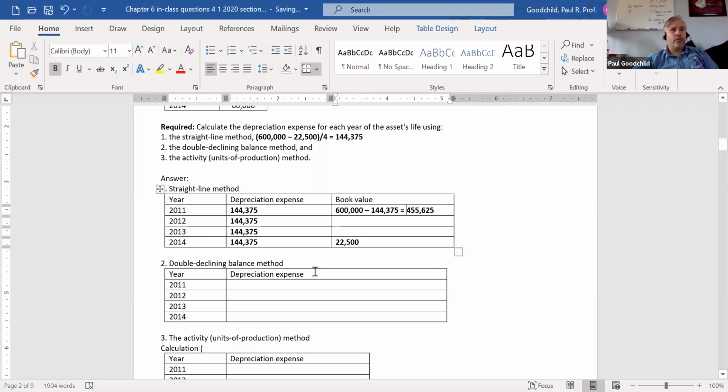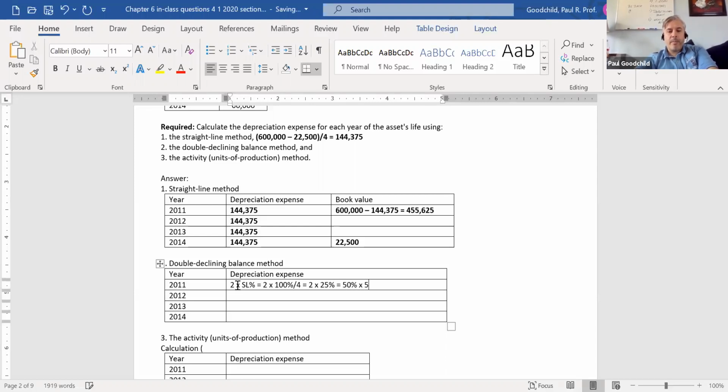All right, so now double declining balance. We have 2 times the straight line percent, which is equal to 2 times 100% divided by 4, which equals 2 times 25%, which equals 50%.